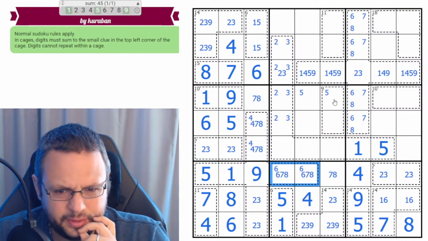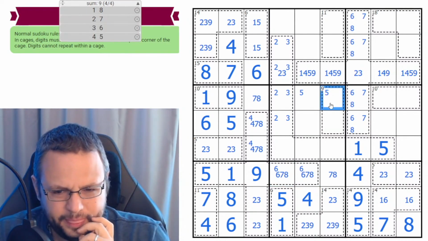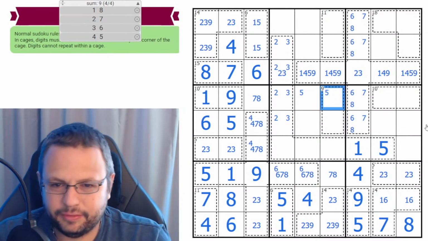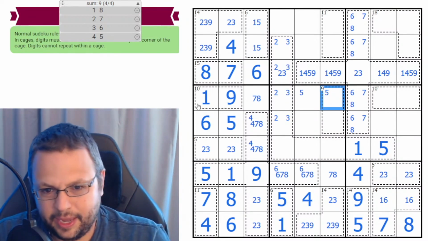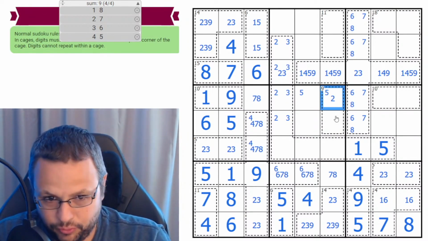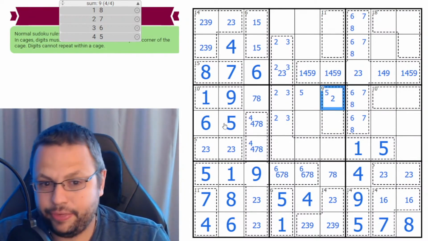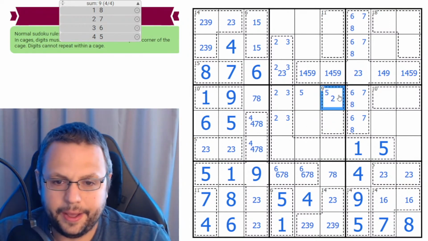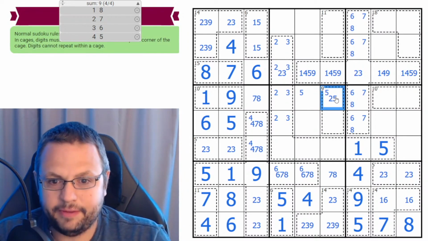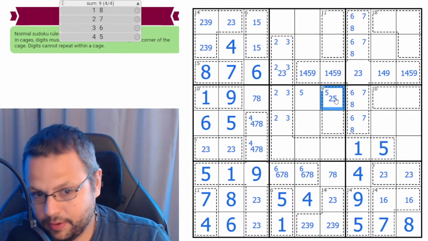Okay, let's see. I am going to take advice from chat and look at candidates for this cell. So it can't be 1. I think it could be 2. It can't be 3, because then it would need a 6. It can't be 4, because then it would need a 5. I think it can be 5, with this being a 4.